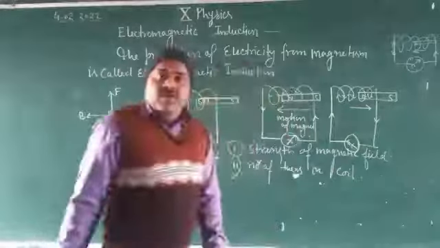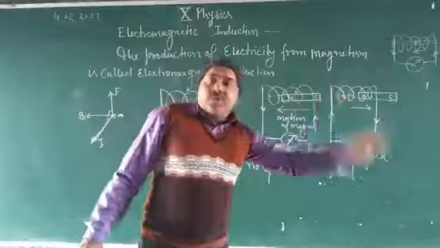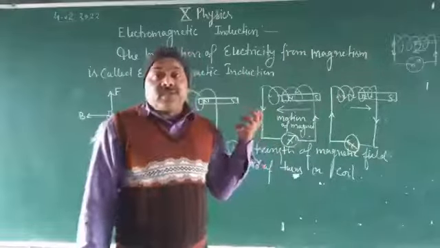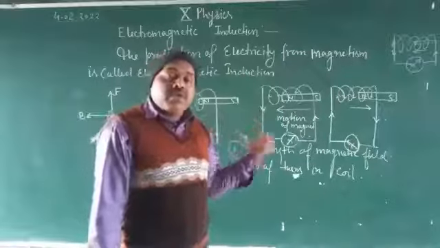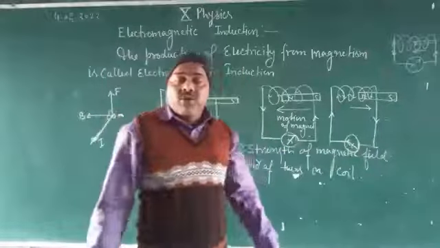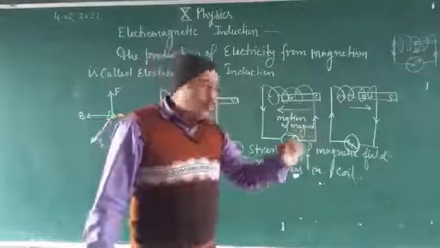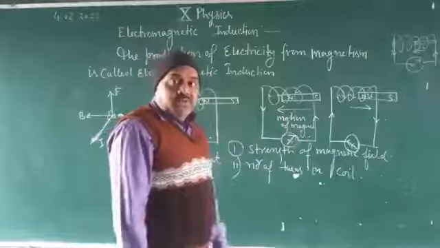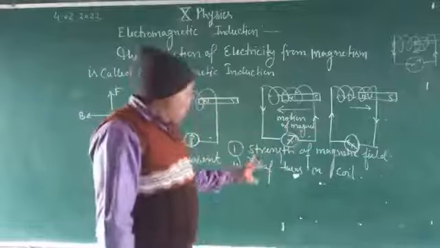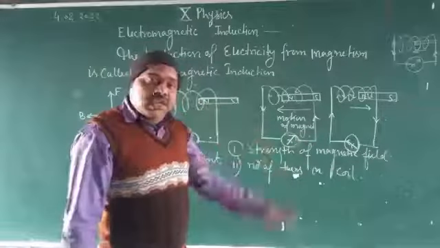It should be increased. When the strength of magnetic field is large, then the induced current is increased, it means it becomes large. The magnitude of induced current becomes large when the strength of magnetic field is strong. The number of turns in the coil should be increased to get a large amount of current.